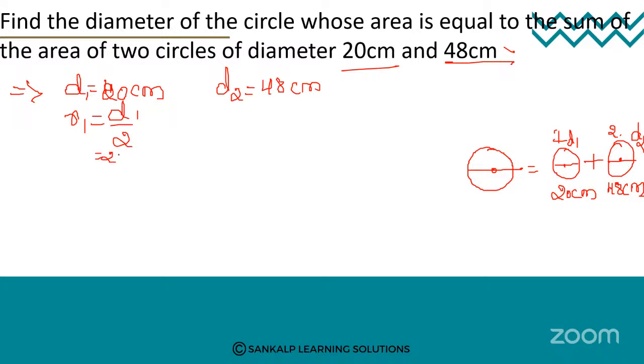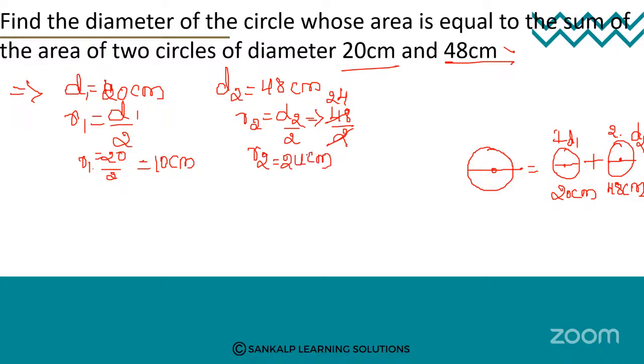D1 value is 20 divided by 2, that means 10 centimeter. So 10 centimeter is the radius of the first circle. Next, R2 means D2 divided by 2, that is 48 divided by 2. 2 ones are 2, 2 twos are 4, 2 fours are 8. That means R2 value is 24 centimeter.